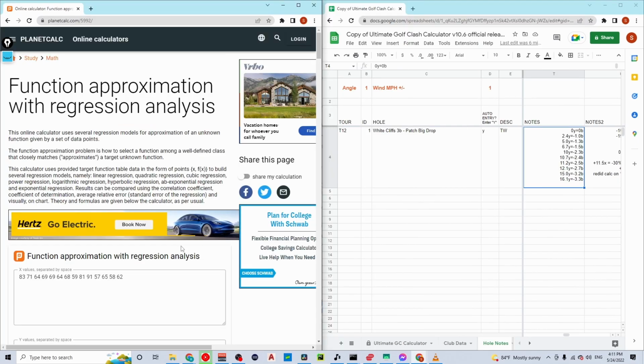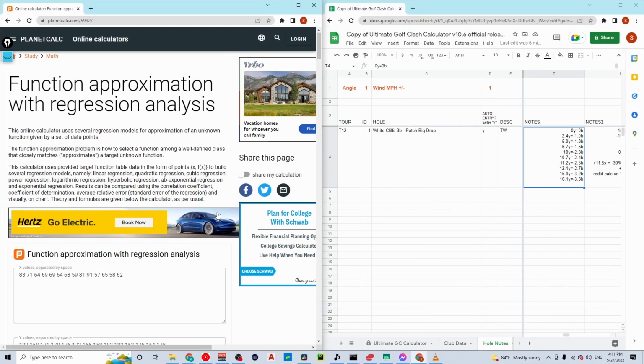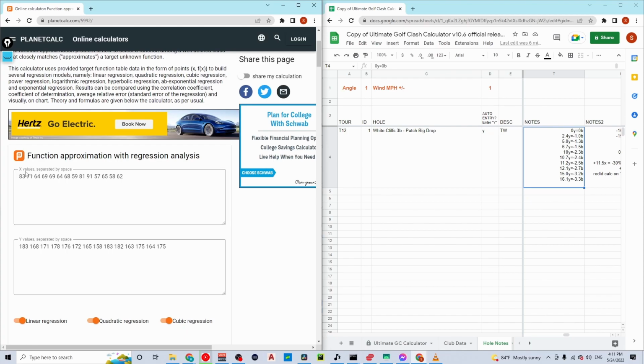I split apart the screen so it'll be easier to input the numbers. It says here, X values separated by space, Y values separated by space. All it's trying to do is take these number pairs, one in the X value and one in the Y value. The X values here will be 0 all the way to 16.1, and the Y will be 0 to minus 3.3. It says to enter them with a space, no commas.